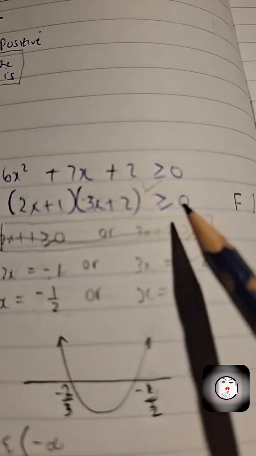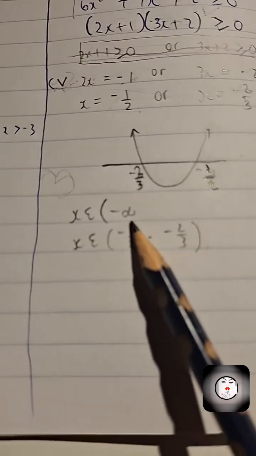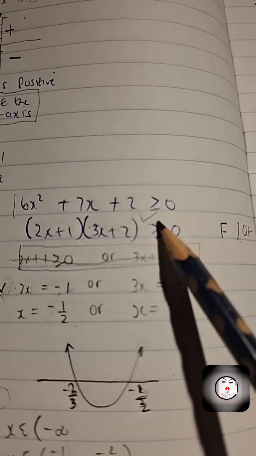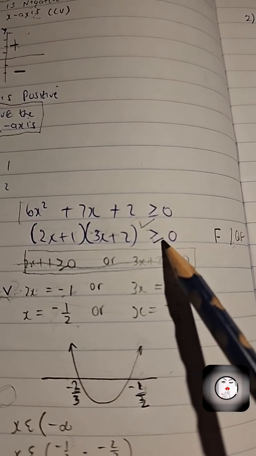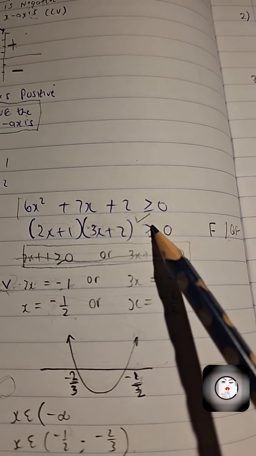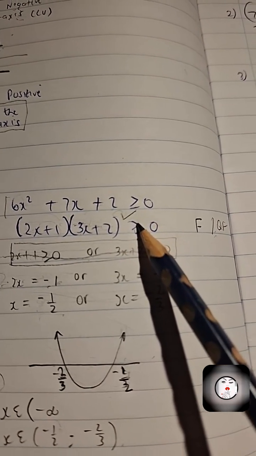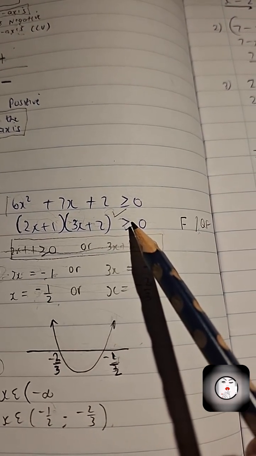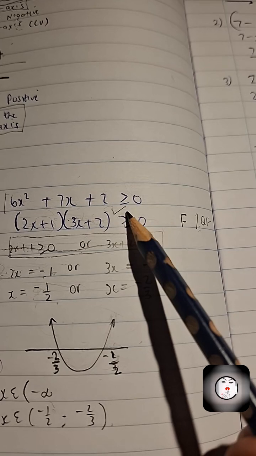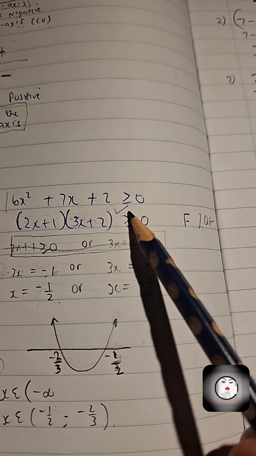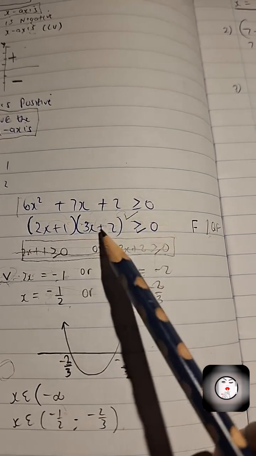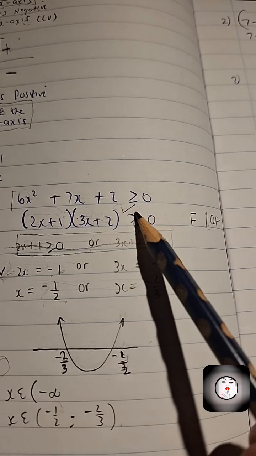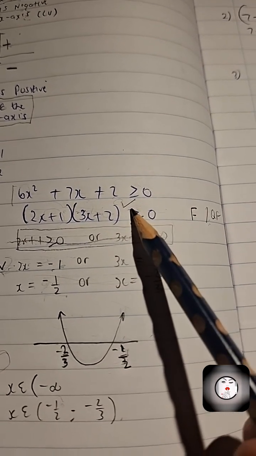Then when we write the answer, Dimple, we need to write the answer in light of what we have as our inequality sign here. Which is minus 2/3, it's greater than x. It's also greater than minus half. So here in the factorized form, you have the inequality sign being greater than or equal to 0.